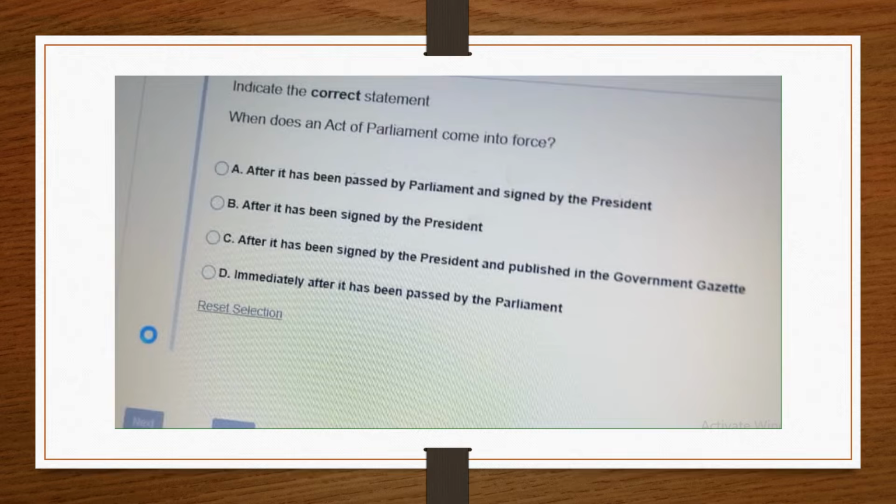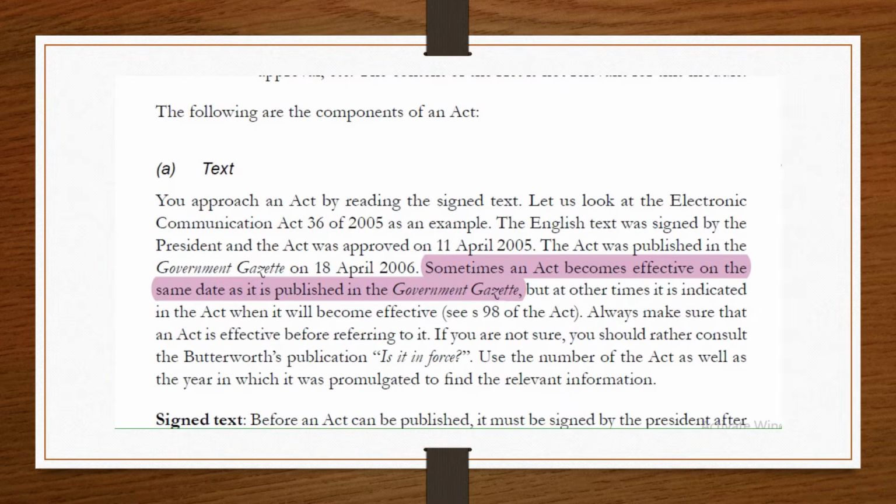Indicate the correct statement. When does an act of Parliament come into force? C. After it has been signed by the President and is published in the Government Gazette. Page 44 of our guide.